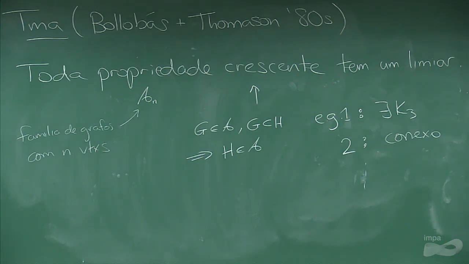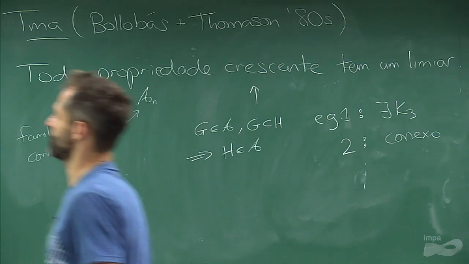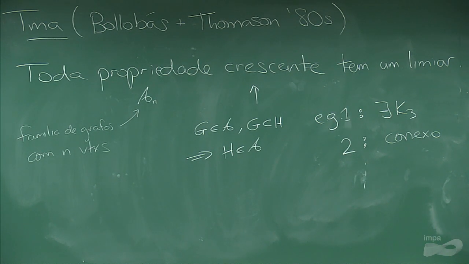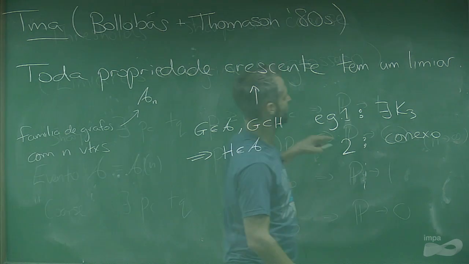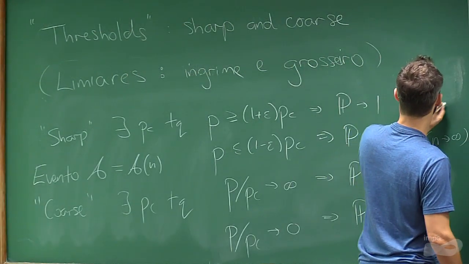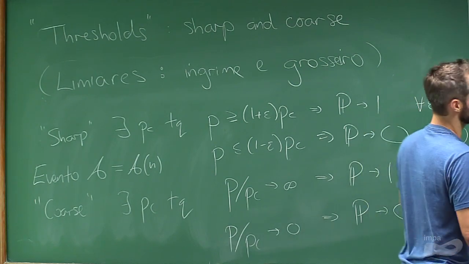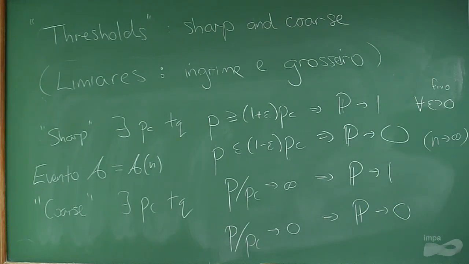A question about the definition: that PC must exist for every epsilon positive, right? Yes, sorry, true. There exists a PC such that this is true for all fixed epsilon. But here we're just going to prove a coarse threshold. We're not going to be able to prove a sharp threshold. Not all properties have a sharp threshold.